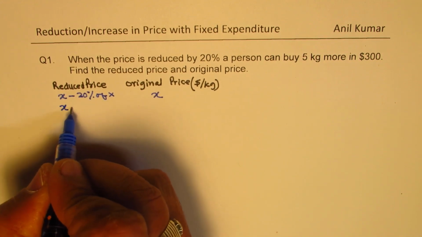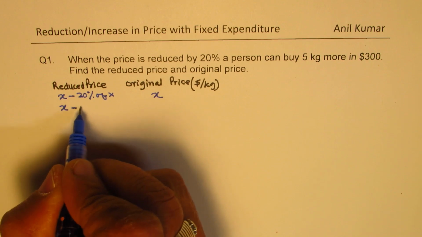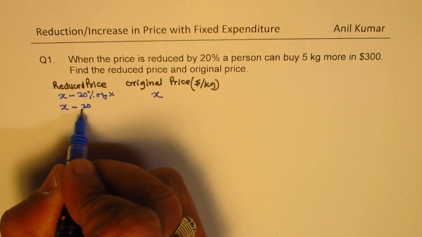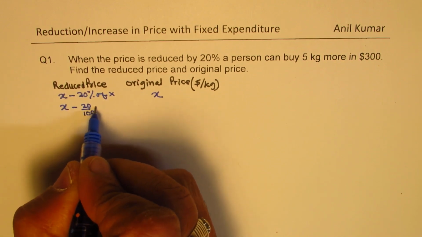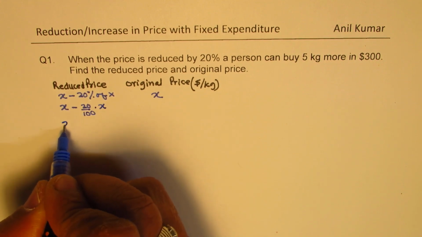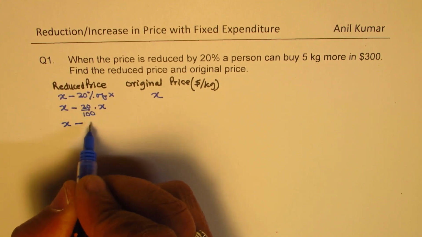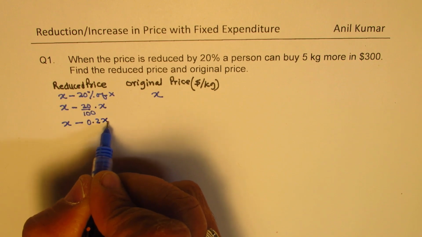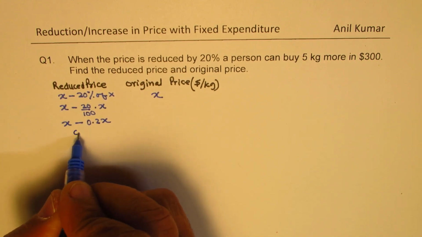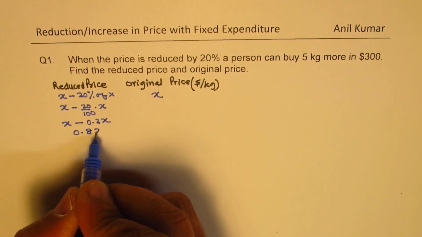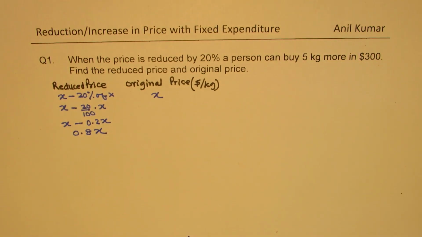So that is X minus 20 over 100, where of means times X, or X minus 0.2X, or you can write this as 0.8X.